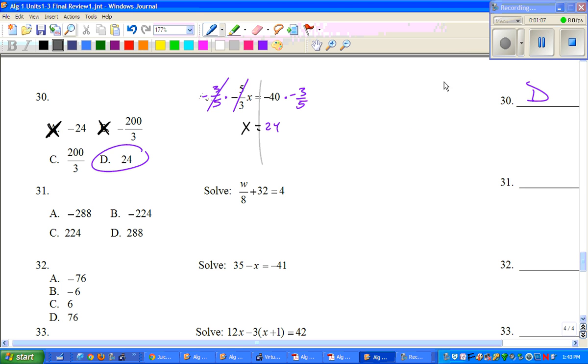Okay, number 31. I'm just going to rewrite it over here so we've got a little bit more room. Draw the line, and now we're doing reverse order of operations. So we have to subtract first, and you get W over 8 equals negative 28.